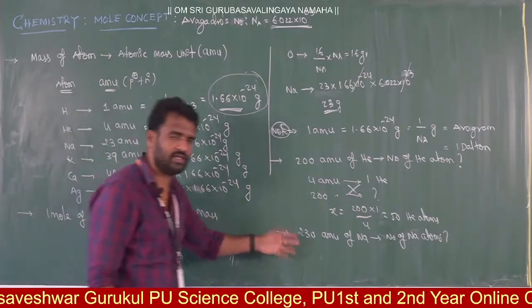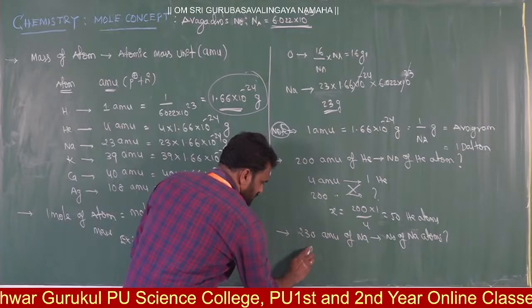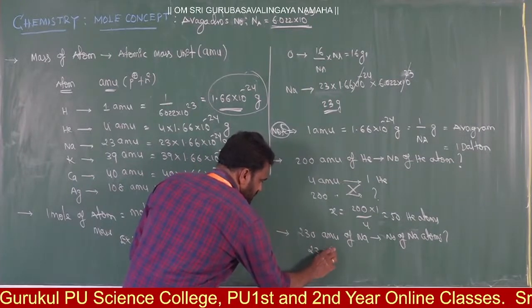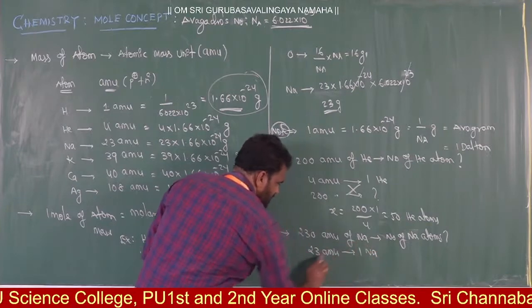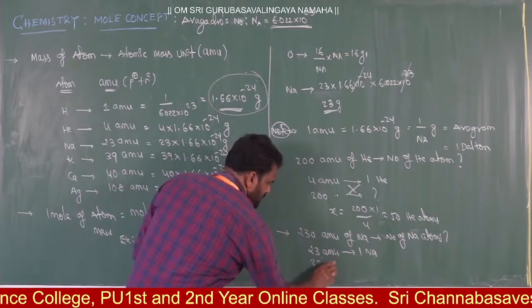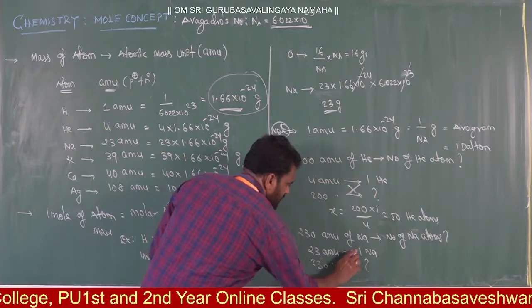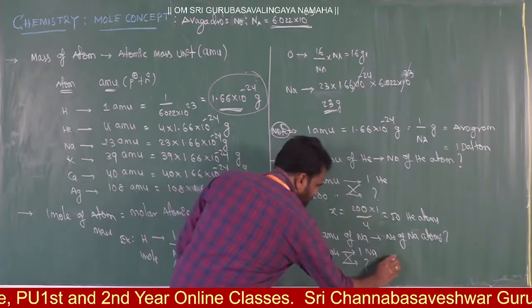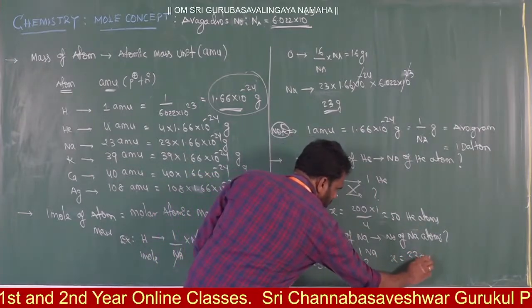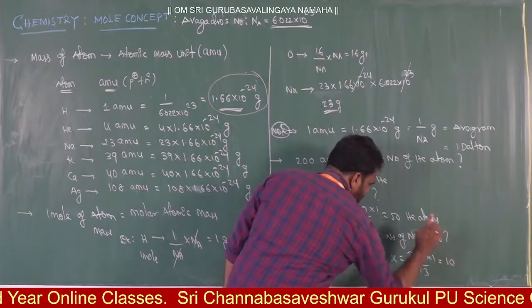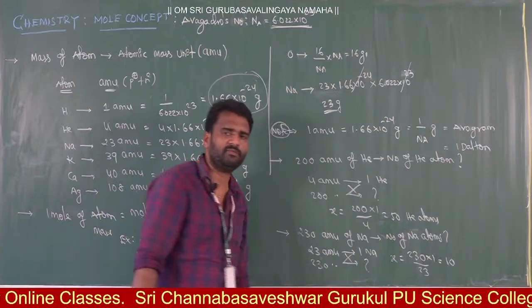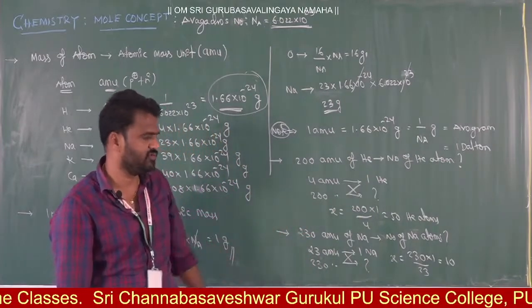So 23 AMU is equal to 1 sodium. If I have 230 AMU, how many will that be? Do crisscross, then X value will be 230 into 1 by 23, which equals 10 atoms of sodium. You will have 10 atoms of sodium.